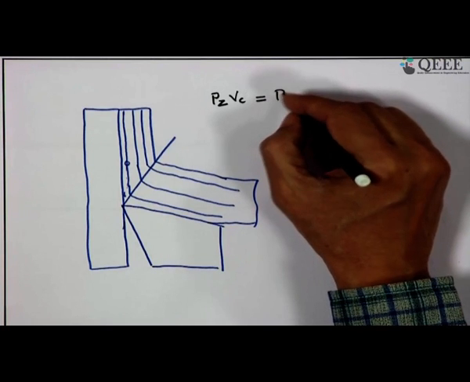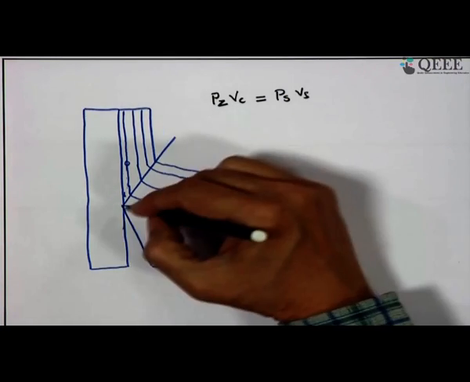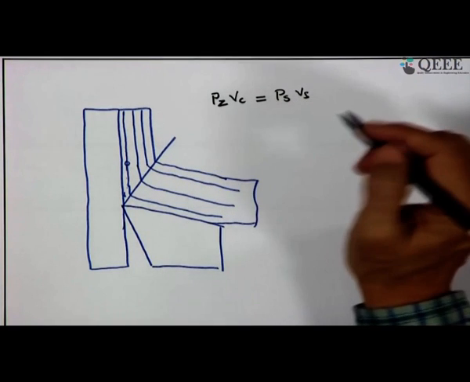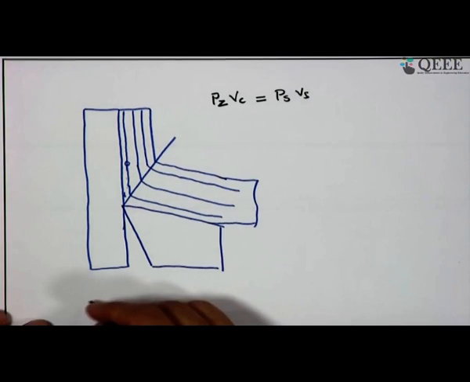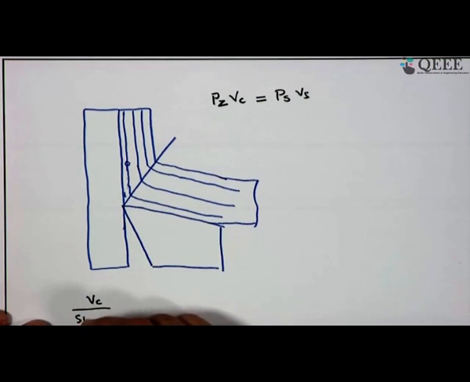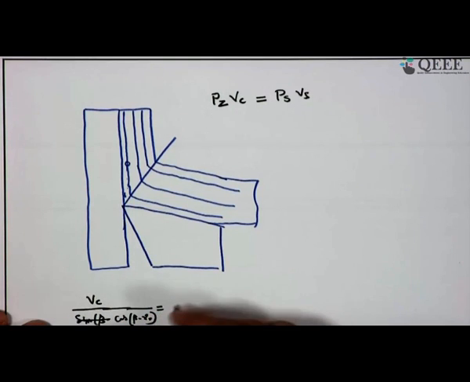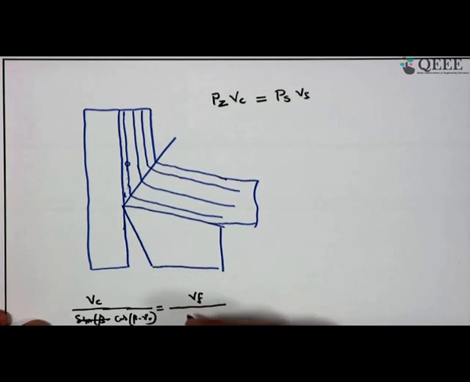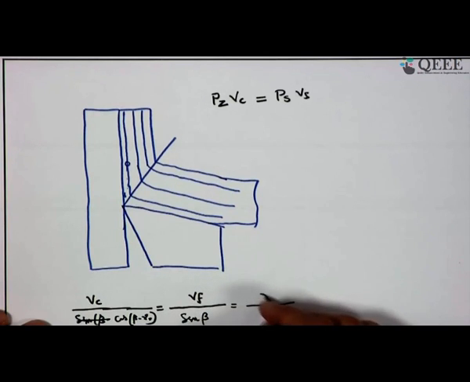One part you spend in this Ps into Vs into shear plane, and here you know Vs is the shear velocity, Vc is the main cutting velocity, and all are related by this relation Vc by sin, cos gamma.